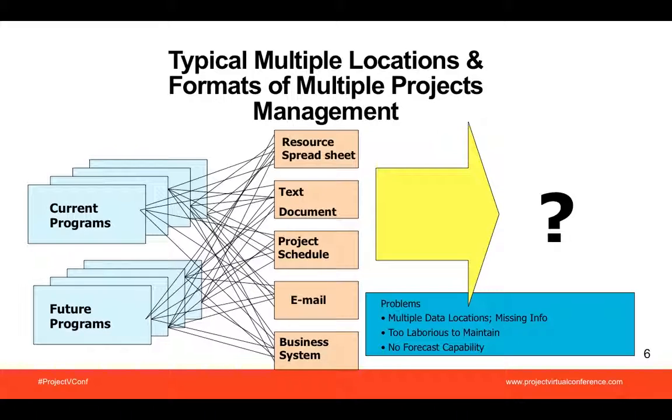Almost all automotive companies have a variety of different tools they use with all the data in different places: resource spreadsheets, text documents, schedules, business systems. All these are very difficult, if not impossible, to integrate into simplified information.